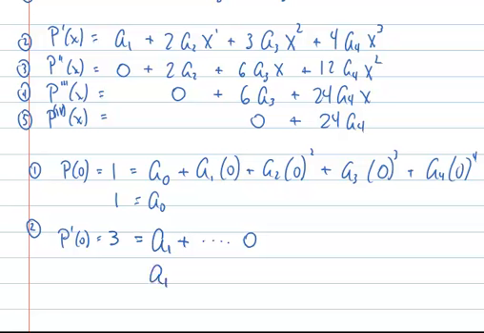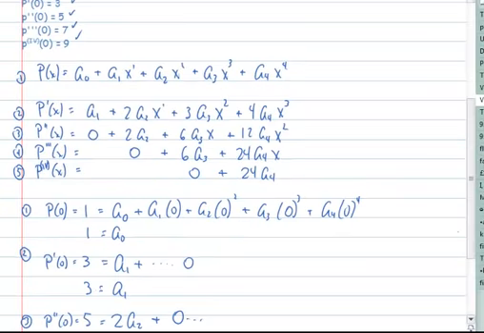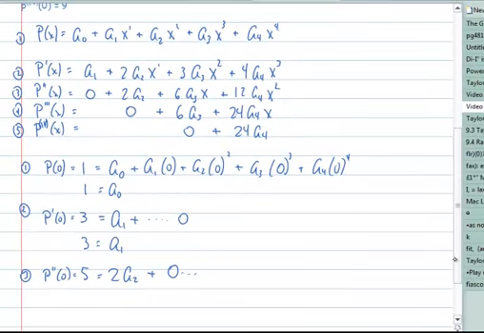So a1 equals 3. I'll use equation 3 with the second derivative, which was equal to 5. If you look at equation 3, I have 2a sub 2, plus all the other terms turn out to be 0 because it's centered at 0. And that results in a2 equaling 5 over 2.